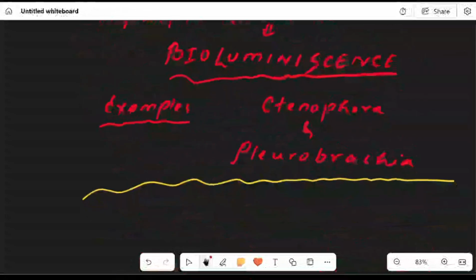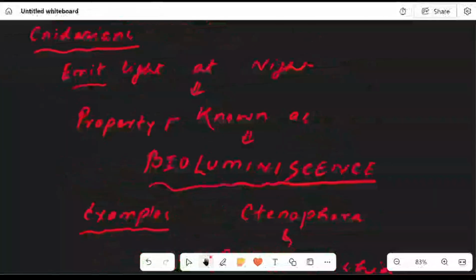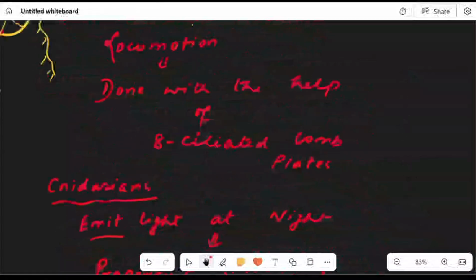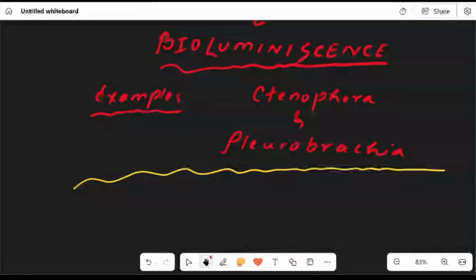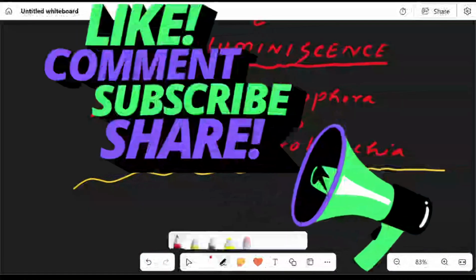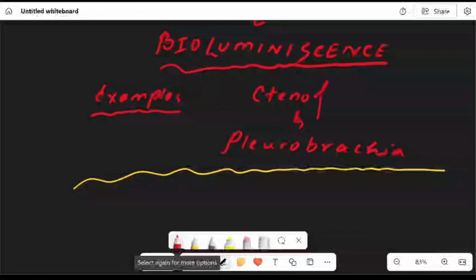Examples of Ctenophora are Pleurobrachia and Ctenoplana.